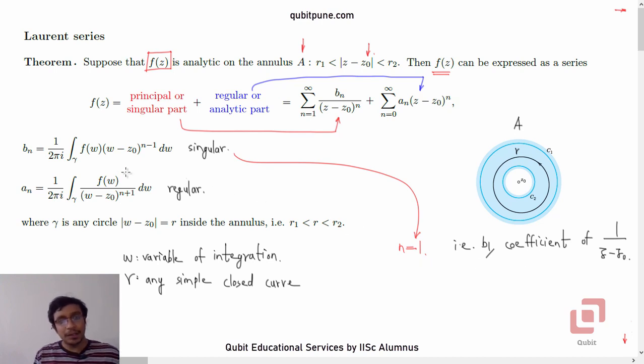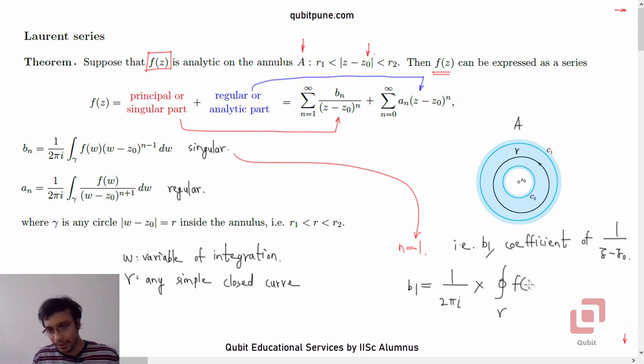If you substitute n equal to 1 in the integrand, then we are going to get b1 as 1 over 2 pi i times the integral along gamma of f of omega d omega.